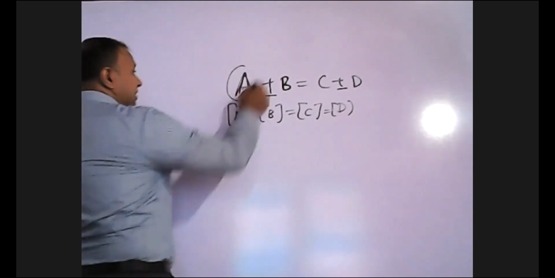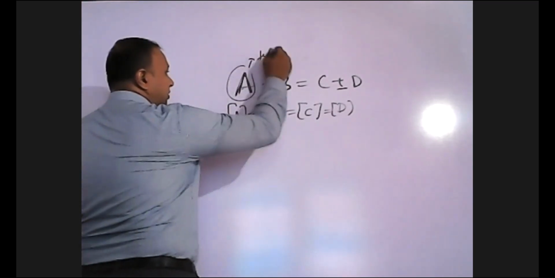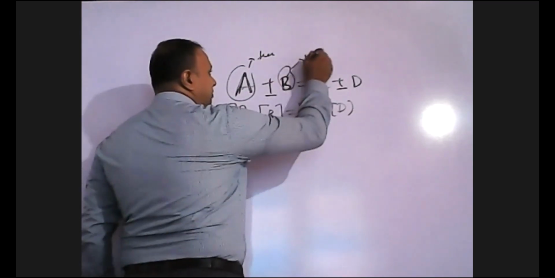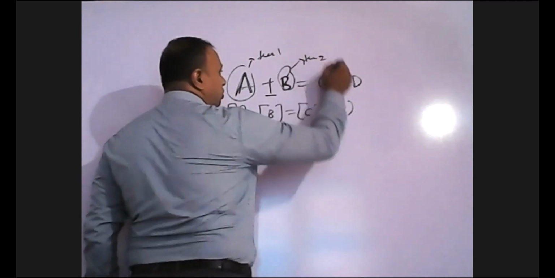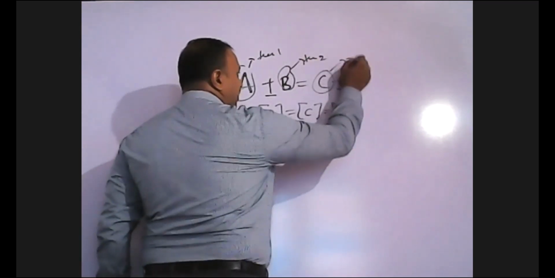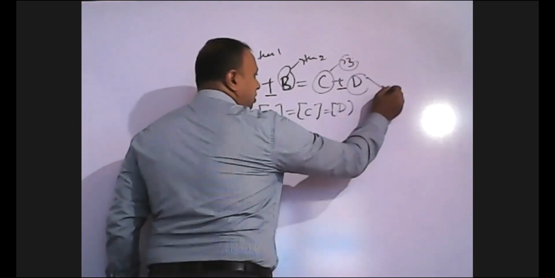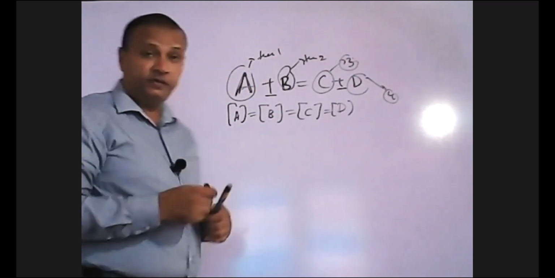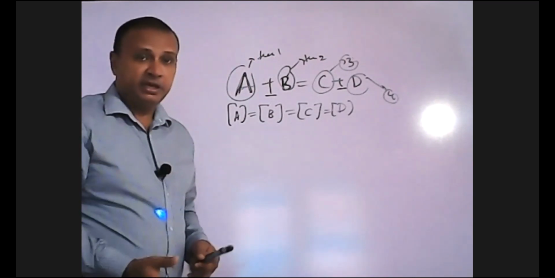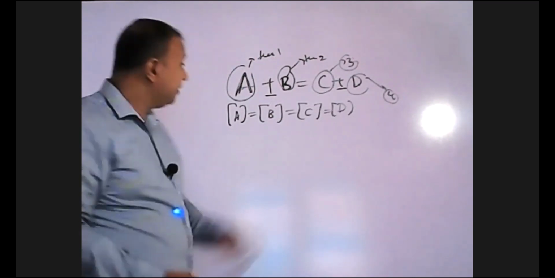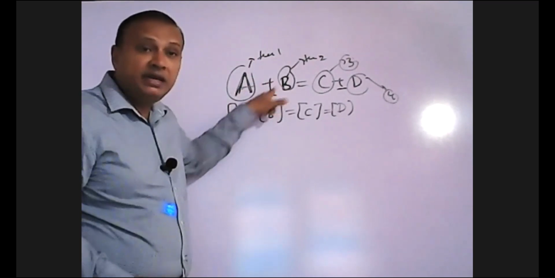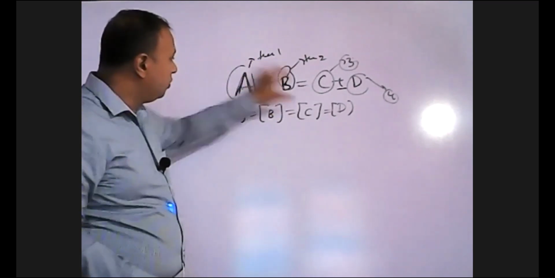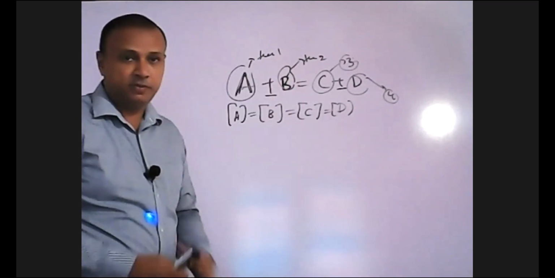So this is term 1, this is term 2, term 3, this is term 4. Quantities which are combined with addition or subtraction are called terms.